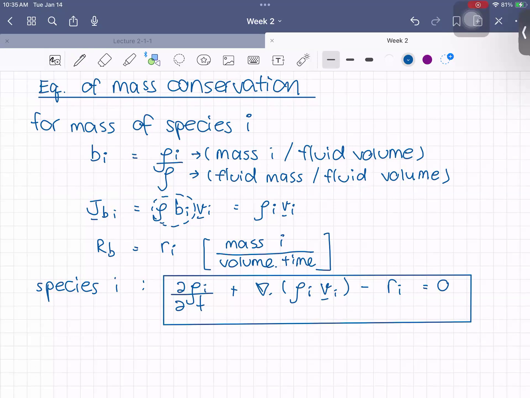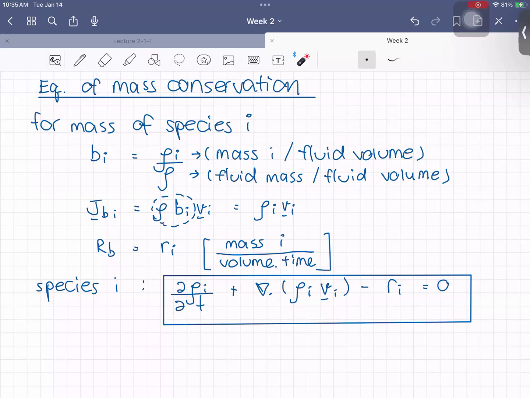But to apply this equation to real problems, it won't be easy. If you take a look at this equation, this term right here is the accumulation term, this term right here is the generation term, and the middle term is the rate of net input, or the flux coming in and out.